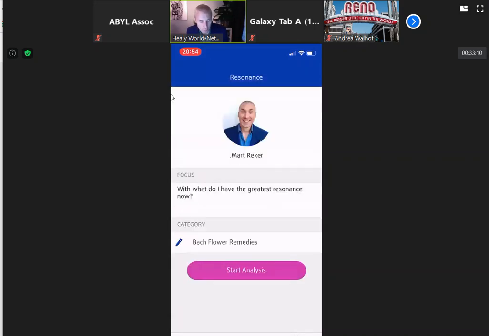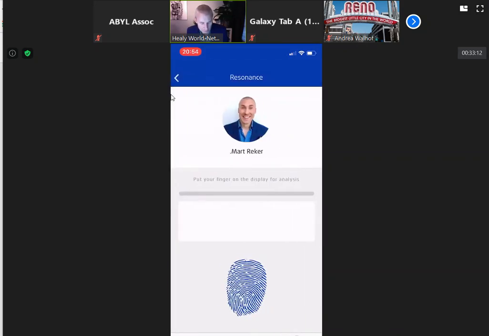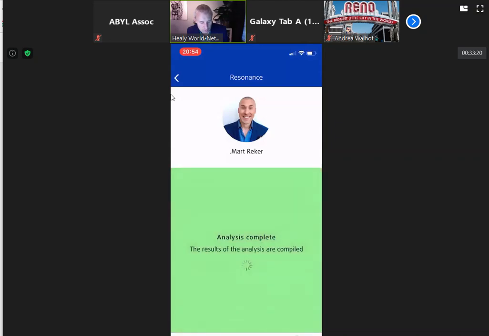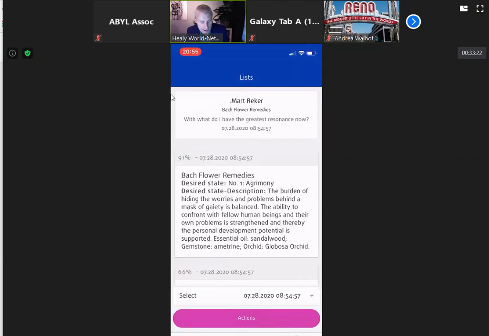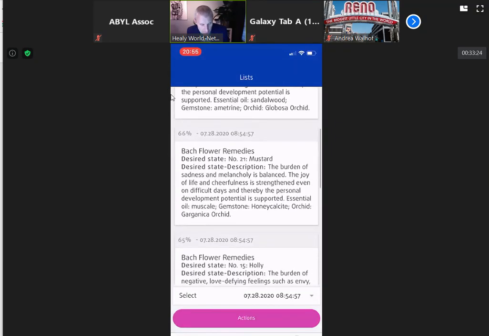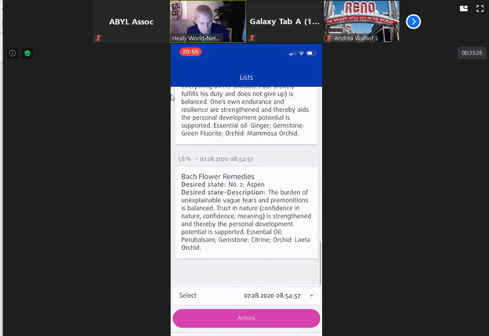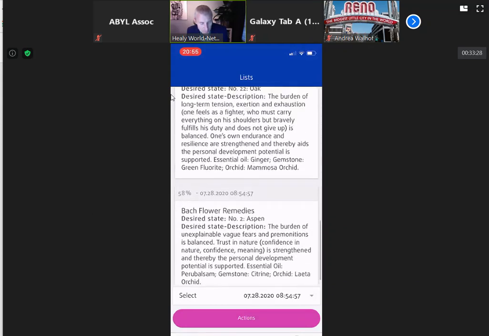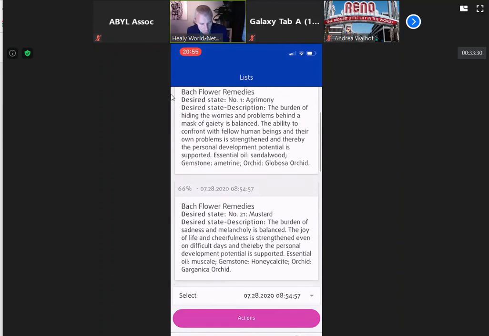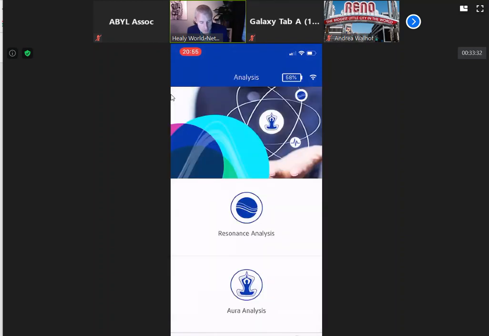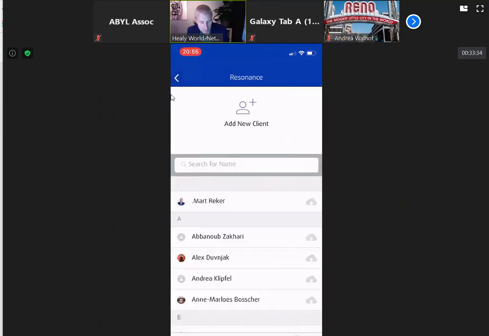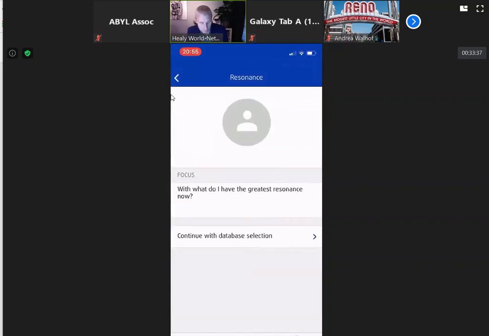I can do, for example, an analysis on it. So when I do an analysis, it will also explain to me why I need it, because each essence is being attached to a certain kind of ailment, and maybe you remember some things out of these. So you can also send this as a frequency to your energy field.